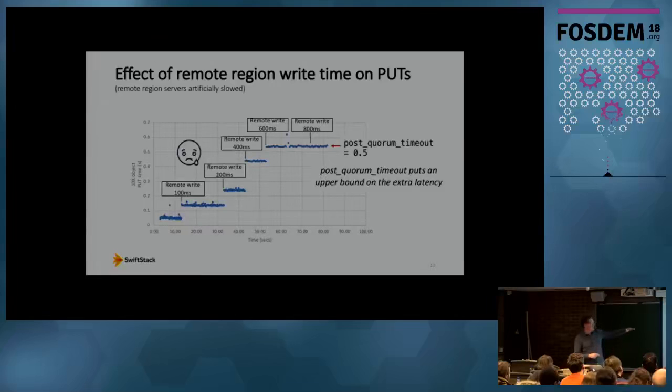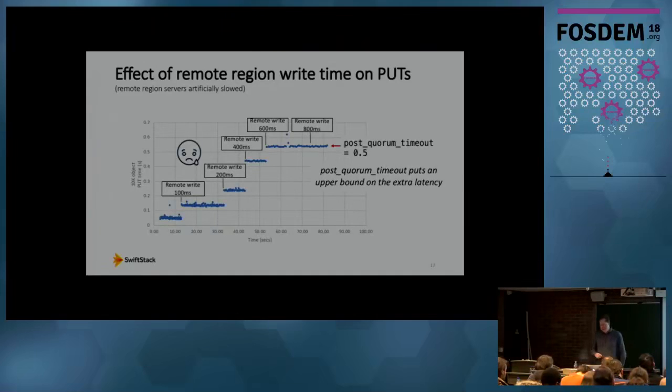So that puts an upper cap on this degradation of write performance that you would see as your remote region became slower and slower. But this may not be great. I mean, these numbers are quite extreme, the latencies that I've put into these remote writes, but this isn't great.